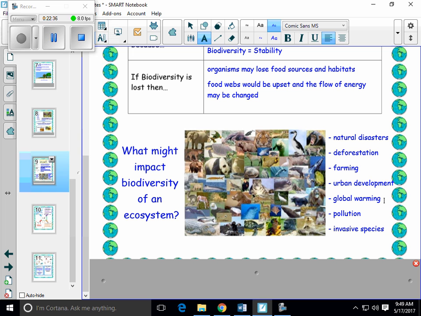Global warming, so when the temperature increases, not everything can survive. Even pollution of land, pollution of water or of air. And then invasive species, which I'm going to talk about on the next page. These are all things, whether natural or unnatural, all those things affect how diverse an ecosystem can be.